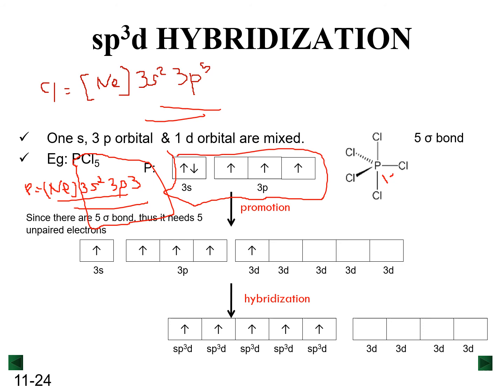From here, we can see that it only has 3 unpaired electrons, meaning that it only has 3 bonds. It cannot form 5 bonds.